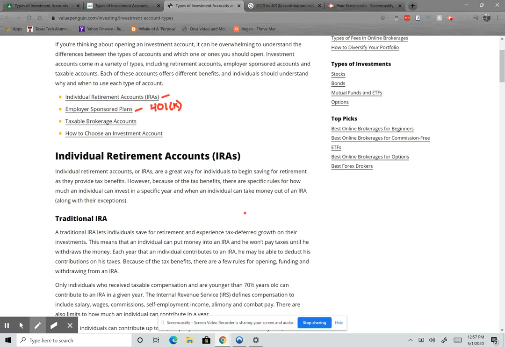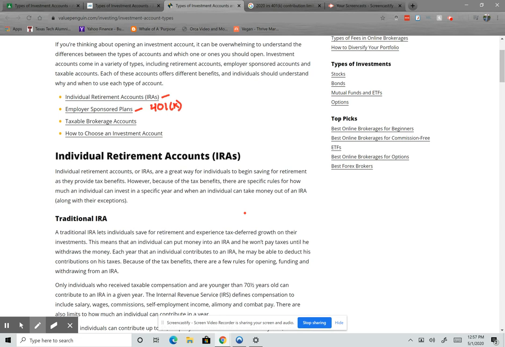Well, that's one of the things that we're trying to do here, right? We know that employers don't really spend time training employees about what to do with their retirement accounts. So I want to prepare you so that you have an idea when you're put in this position, and you know how to navigate it.